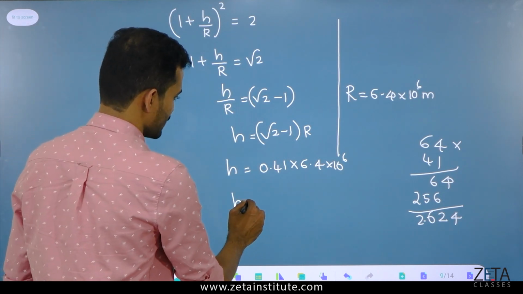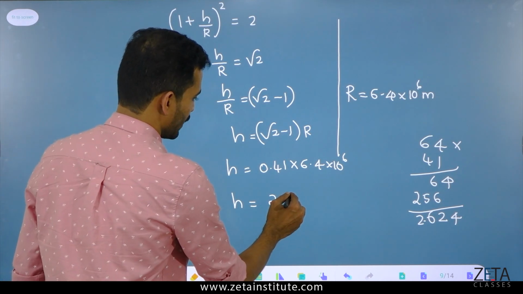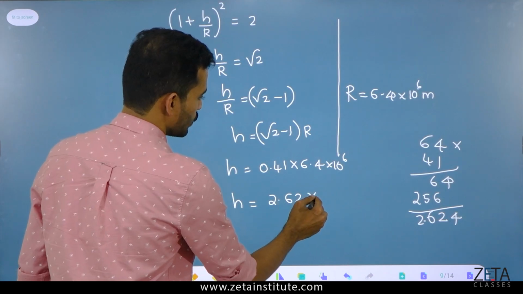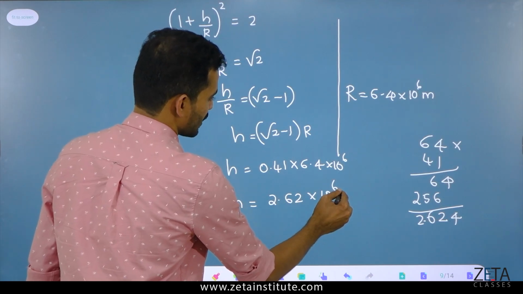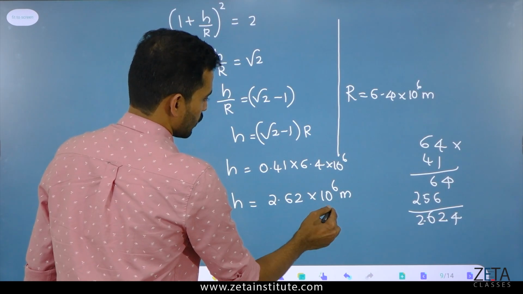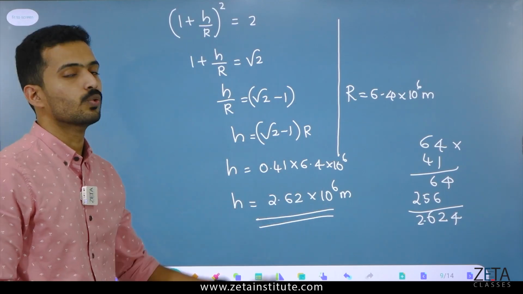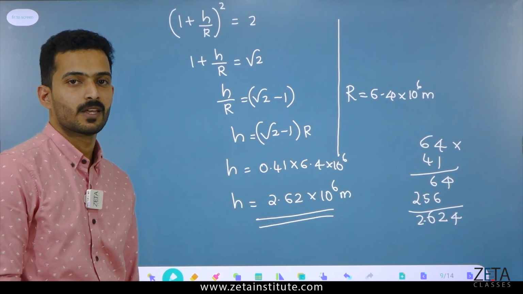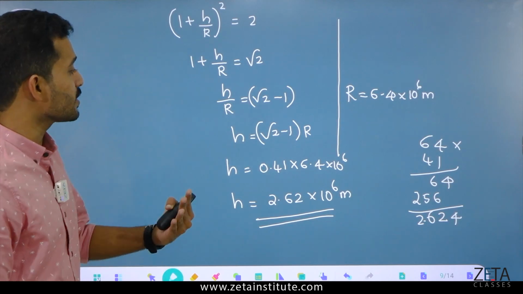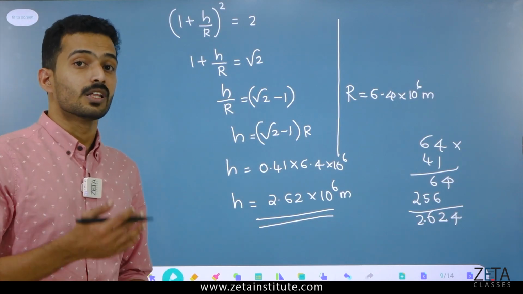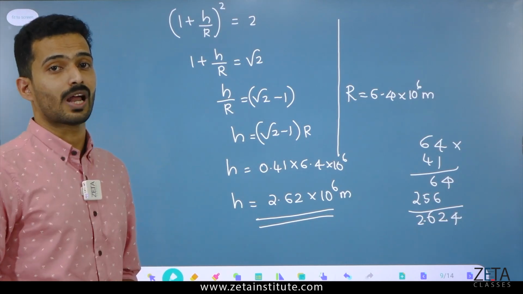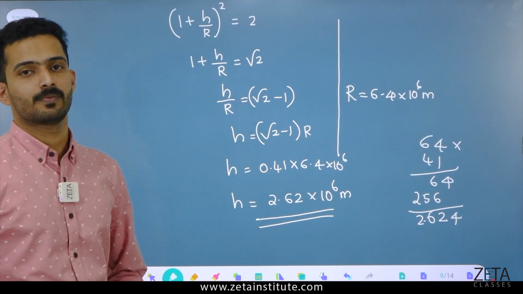So h is equal to 2.62 into 10 raised to 6 meter. Okay, the height is given by 2.62 into 10 raised to 6 meter. So at a height 2.62 into 10 raised to 6 meter, the value of acceleration due to gravity becomes half.